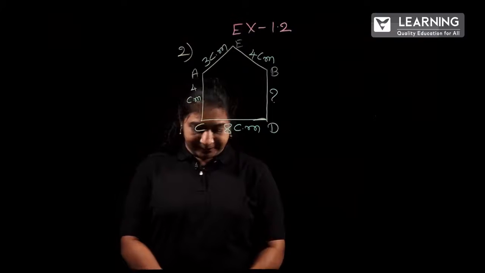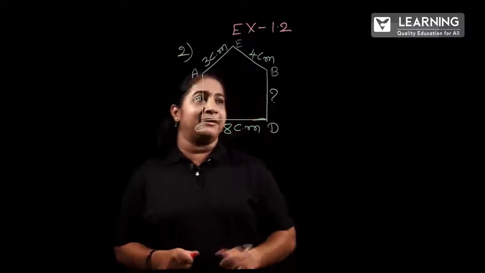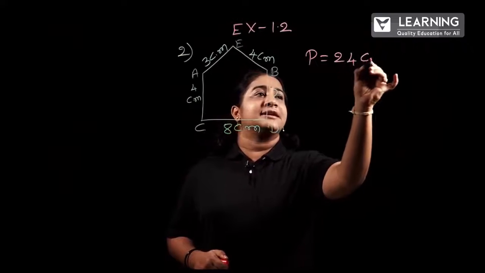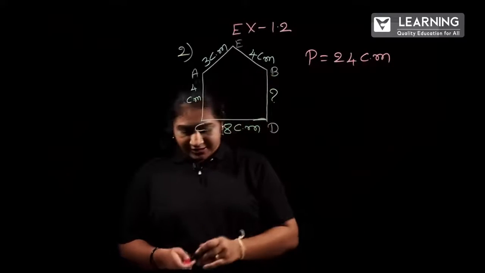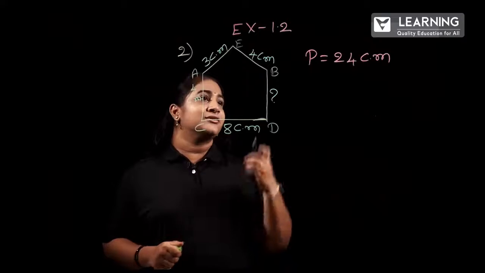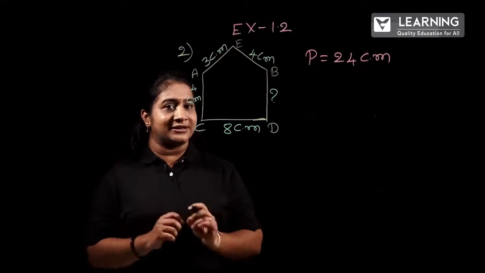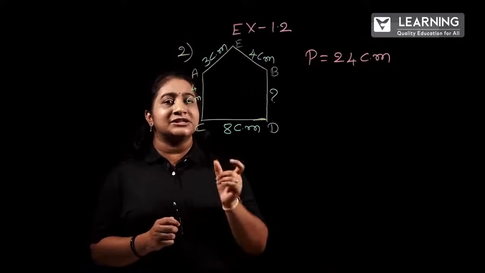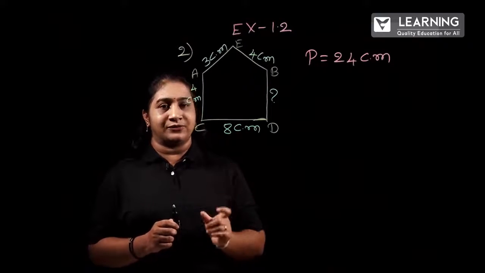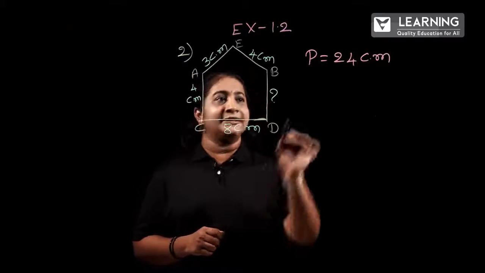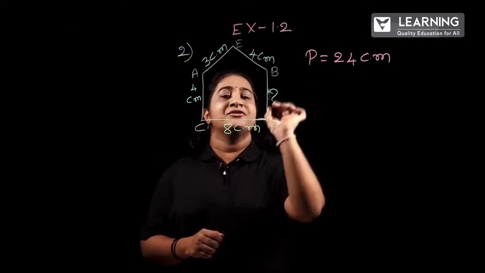So, they have given perimeter. What is the value of perimeter? Perimeter is 24 centimeter. First, what we have to do? First, we have to write the given. Given means what are the things we know. Known values we have to write. That is, we know the value of perimeter and we know the value of 4 sides.